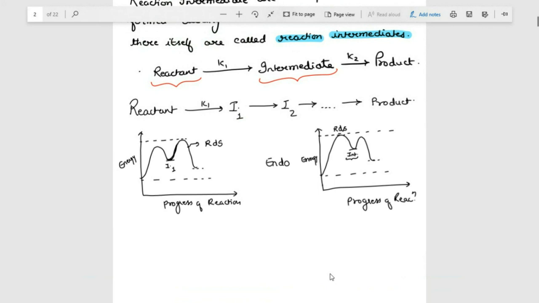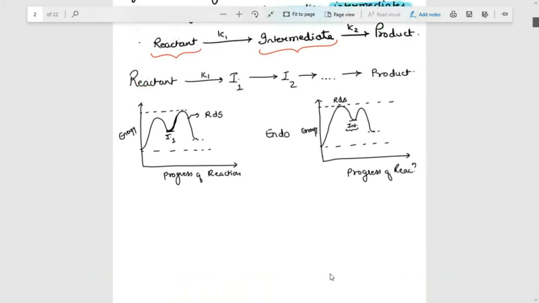Whereas if the reaction graph is of this type, that the second step in this particular two-step reaction is RDS, then my sequence of thought will be how unstable this intermediate would be so that it will react faster towards the second step, and thereby my second step is becoming faster and faster. So overall, I have to deal with the intermediate this way or that way.